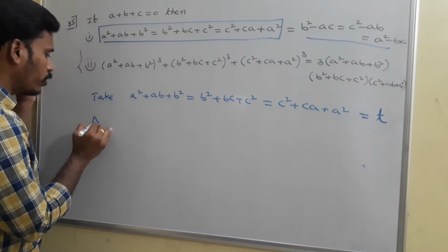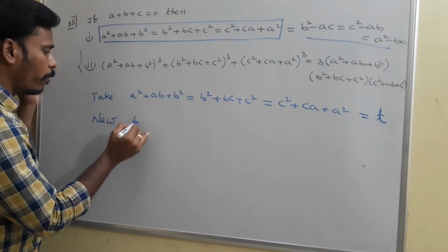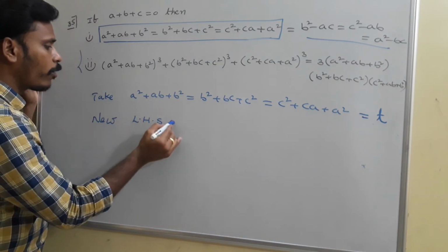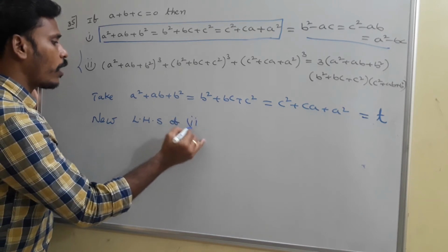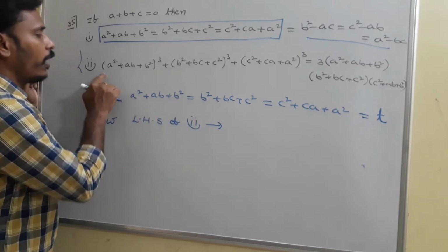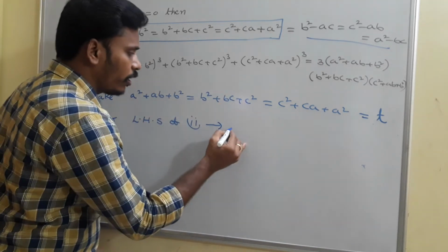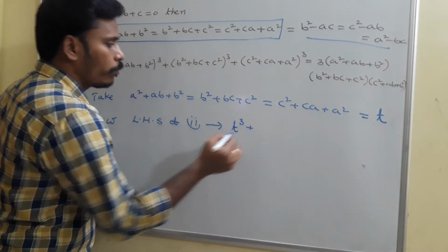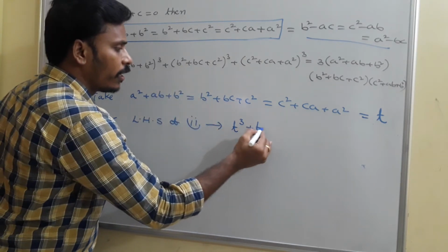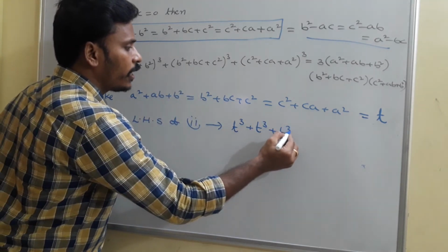And now you just take your left hand side, the problem. Left hand side of the second bit. See, what is the left hand side of the second bit? A square plus ab plus b square whole cube, and since I take it as t, this is equal to t cube, plus here it is again t cube, and that is again t cube.